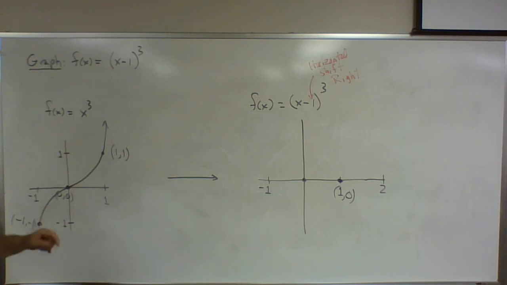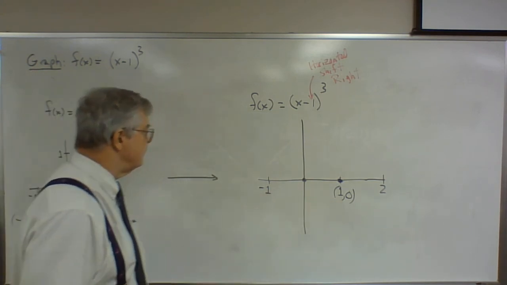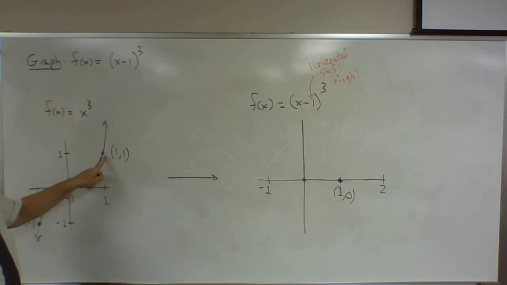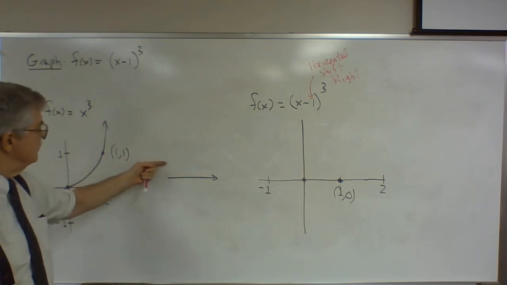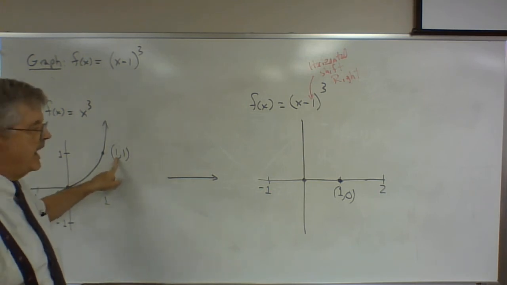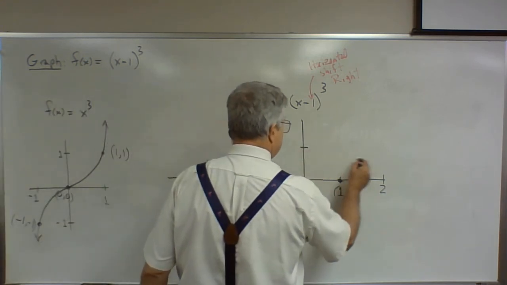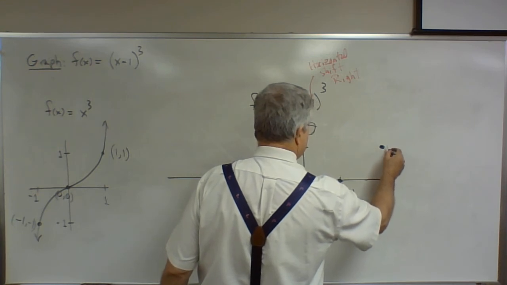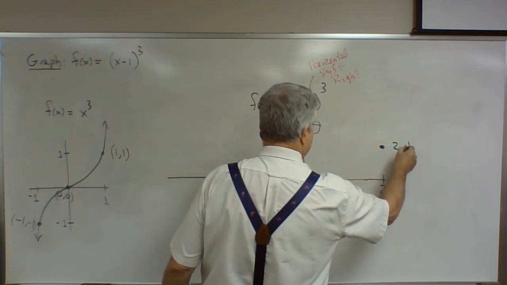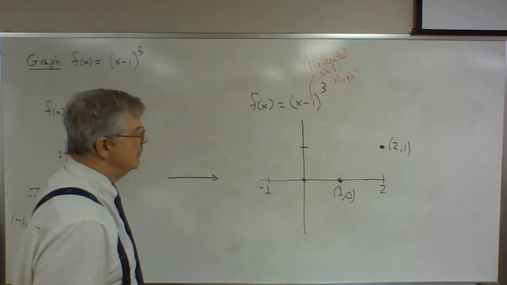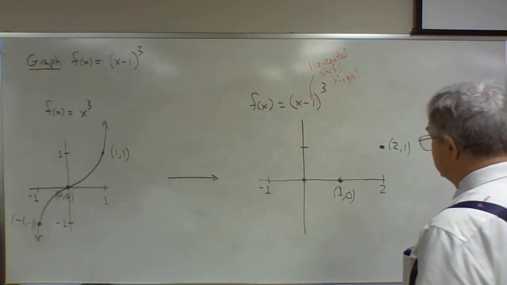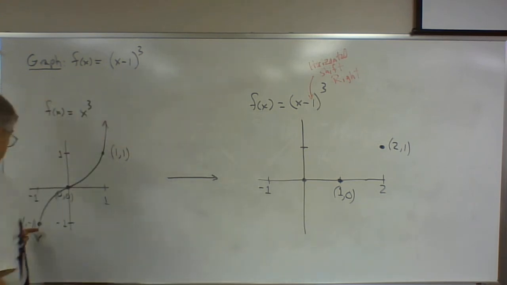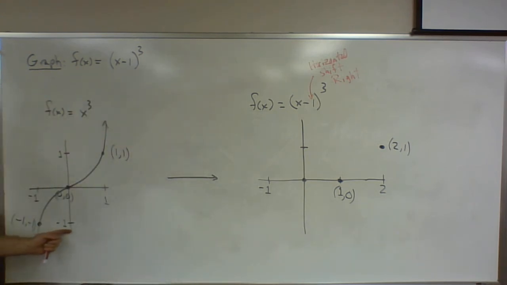Zero, zero, the origin becomes 1, 0. And this point, 1, 1, gets moved 1 unit to the right. That means we're adding 1 to the x coordinate. This point gets moved 1 unit to the right, so it's going to be on the y-axis at y equal -1.